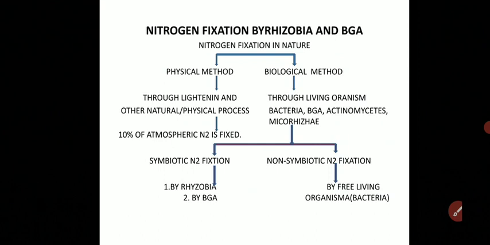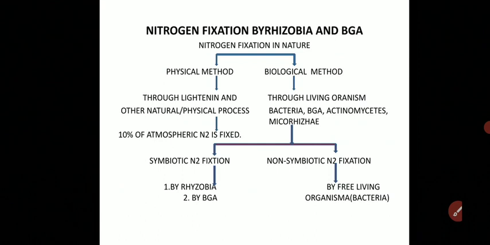Now, biological nitrogen fixation through living organisms like bacteria, blue-green algae and mycorrhiza is again divided into two types, that is symbiotic nitrogen fixation and non-symbiotic nitrogen fixation. Non-symbiotic nitrogen fixation is done by organisms freely living in the soil.